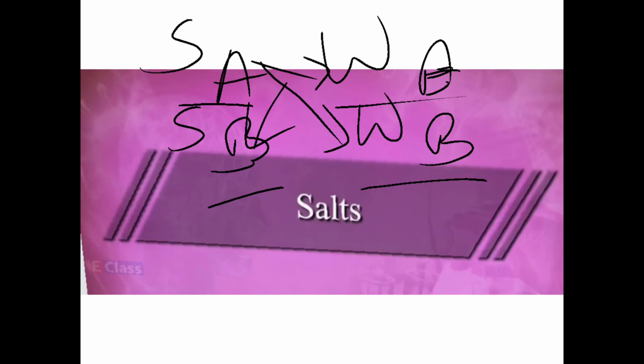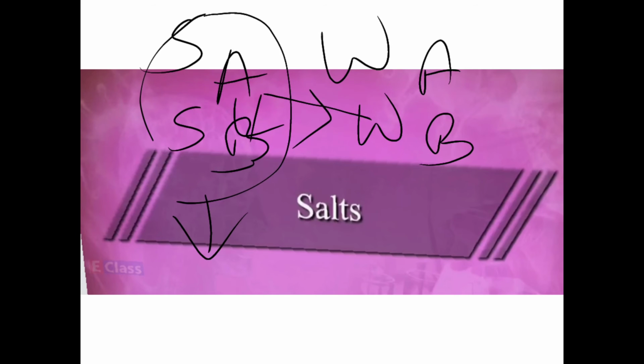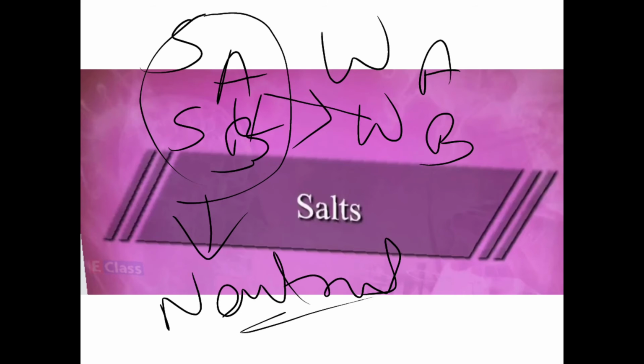Now acid को दो choice हैं, strong base and weak base, right? So what will happen, children? When it is reacting with the strong base, the new resultant salt will be neutral, क्योंकि दोनों भी strong हैं.